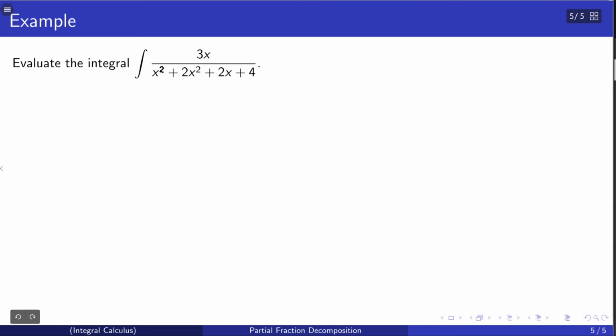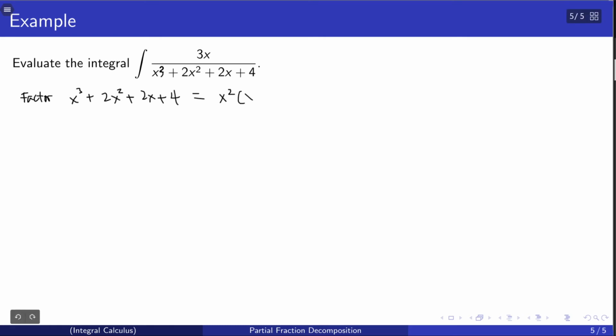Okay, so again, your first step is to make sure that the degree on top is smaller than the degree on the bottom. That's already true here. Linear on top, cubic on the bottom. Next step is now to factor. So we factor x cubed plus 2x squared plus 2x plus 4. This is easy enough to factor by grouping here.